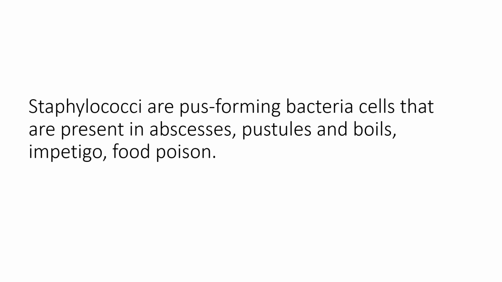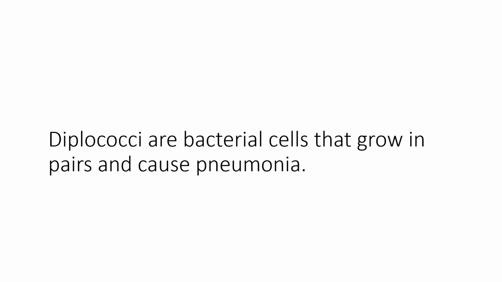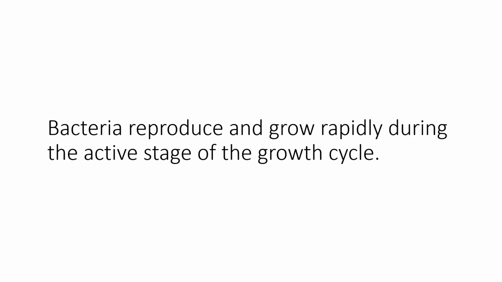Staphylococci are pus-forming bacteria cells that are present in abscesses, pustules and boils, impetigo, and food poisoning. Diplococci are bacterial cells that grow in pairs and cause pneumonia. Bacteria reproduce and grow rapidly during the active stage of the growth cycle.